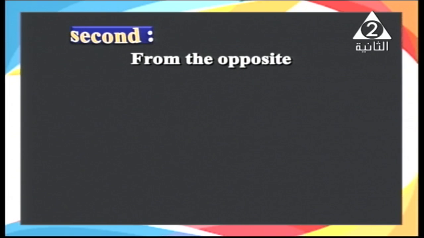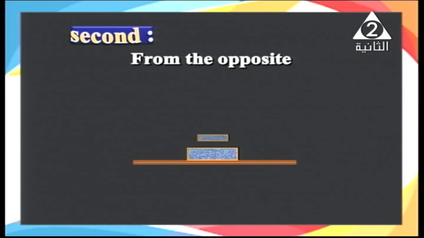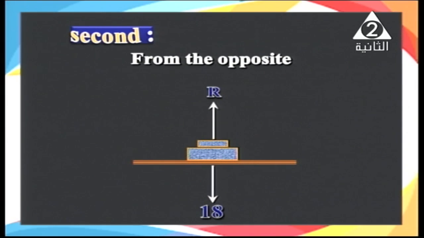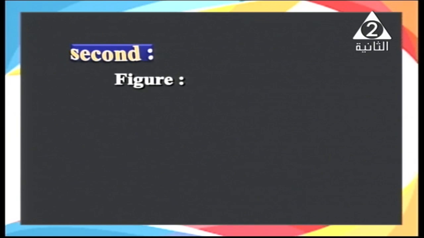Look at the opposite figure: the body, and we put another body, its weight 3 kilogram weight. The normal reaction is R. What is the force B? We form two equilibrium equations. R equals 18.